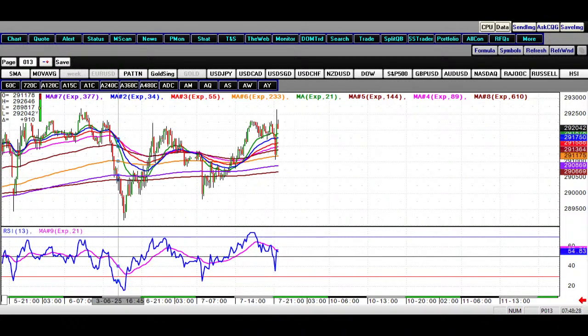Then the TP should be at 13 or 14. We can do two forms of entry. One is selling at 26, or at 23 we can also go for a sell. But I would suggest you do only one. If you're going for 26, go for 26. If you're planning to do 23, then go for 23. These are two selling levels.